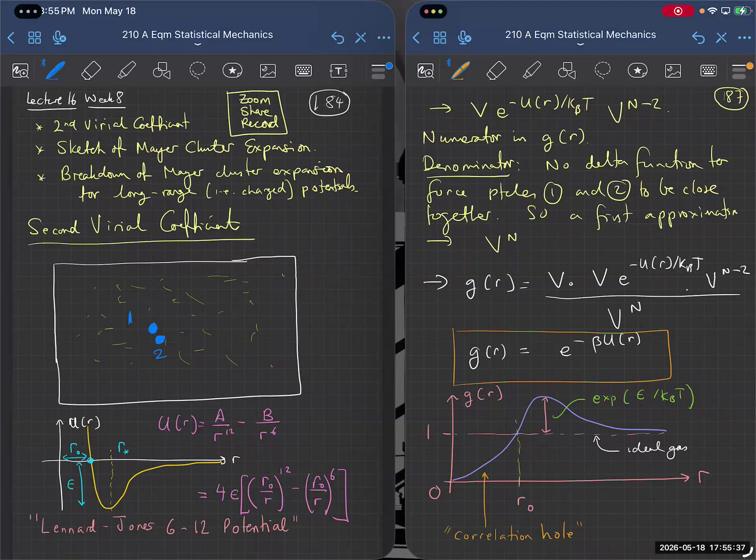So this correlation hole is basically the particle centers can't get closer than R naught because of the hardcore repulsion.